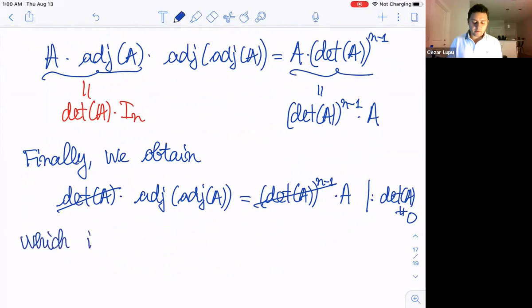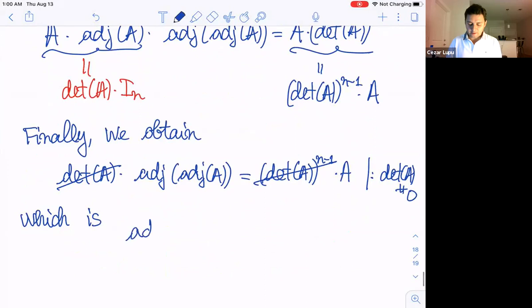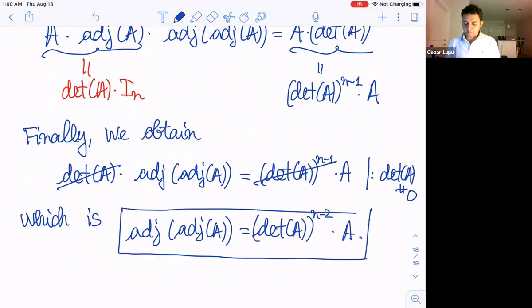And this will give us exactly what we wanted: the adjugate of A is just the determinant of A raised to the power n minus 2 times A. And that's exactly what we wanted to prove.